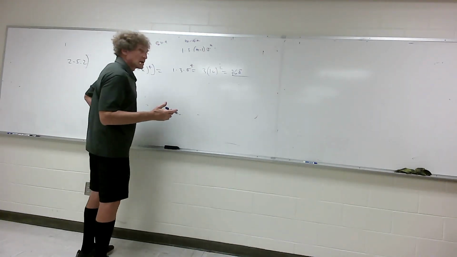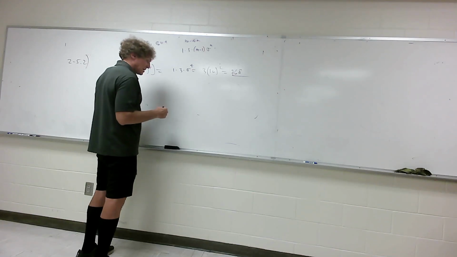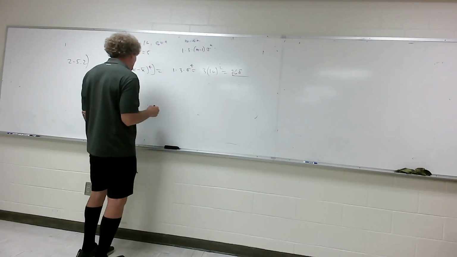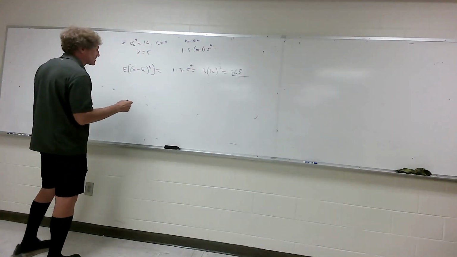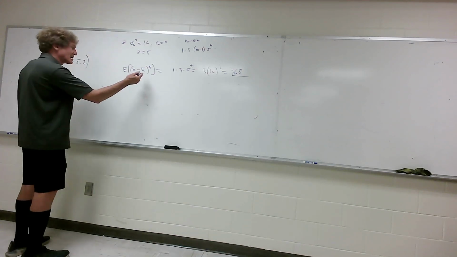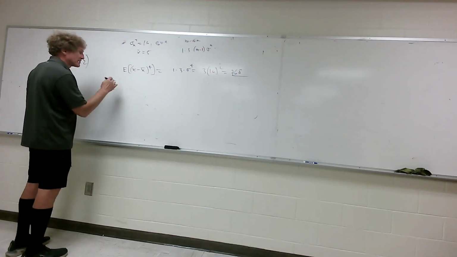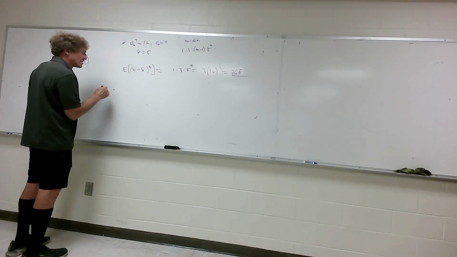I did u to the fourth plus 16 squared, sigma squared plus 3. But what are you really doing? You're coming here, and you're going to say that to the fourth power is really going to be what?